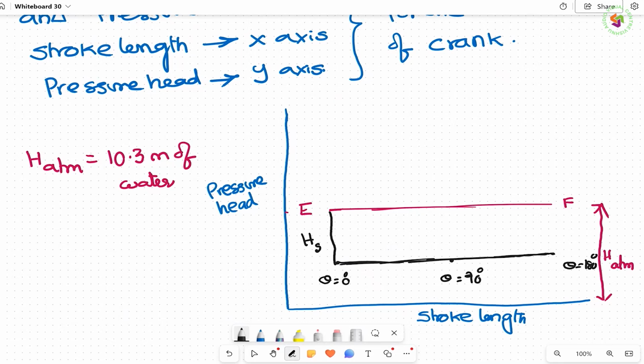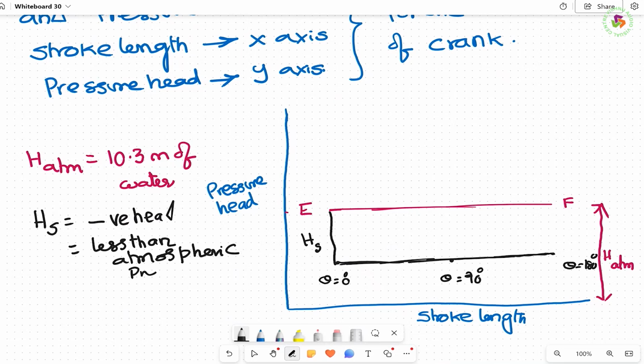That's why we said suction head is negative head, less than atmospheric pressure, and it is equal to HS.